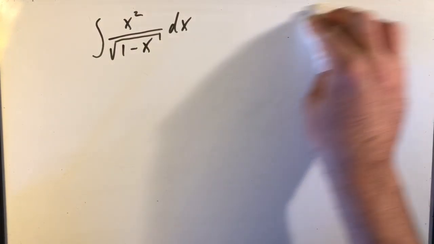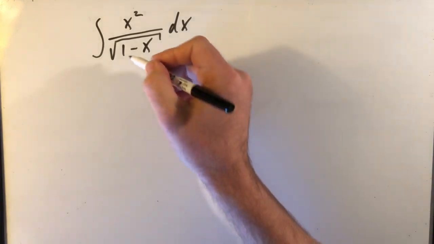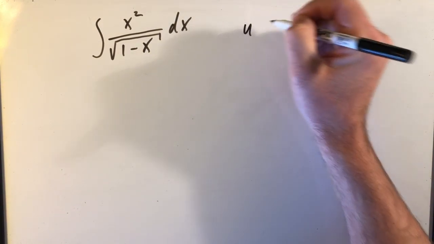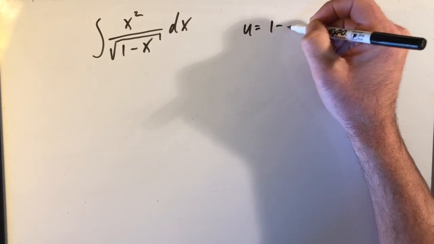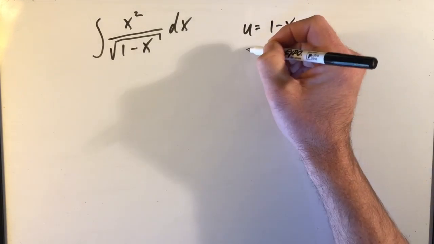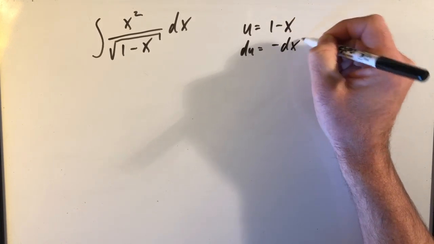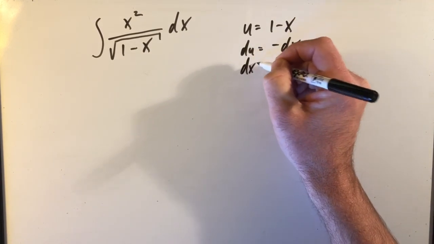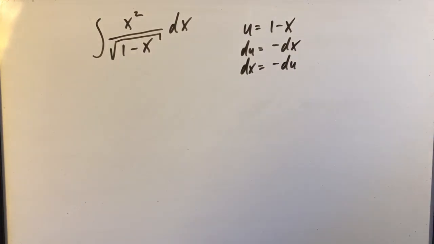And if you do find yourself going down something that just doesn't seem right, you want to go back to the beginning and see what your choices are. In this case, I'm going to go u equals 1 minus x, du equals minus dx, dx equals minus du.